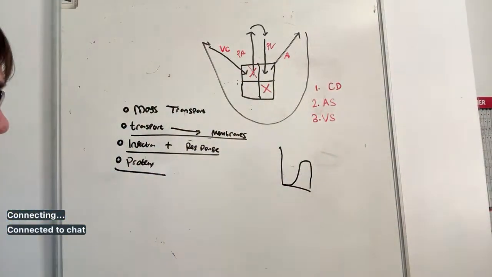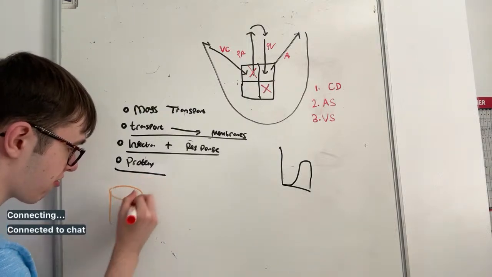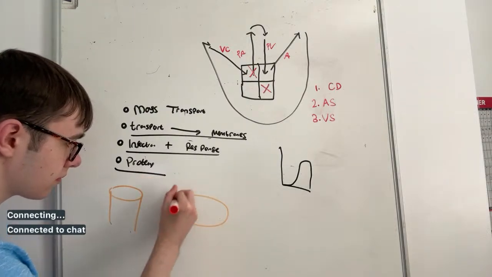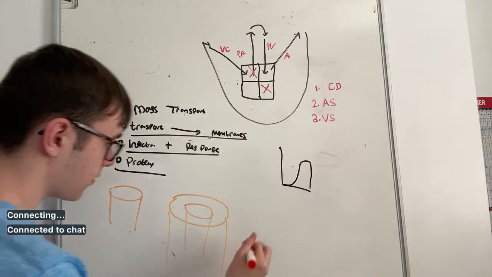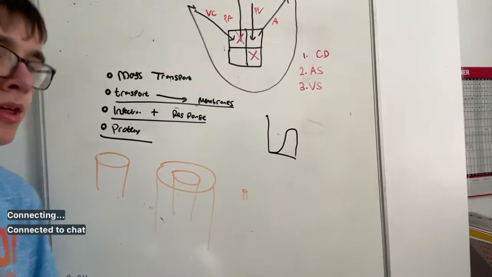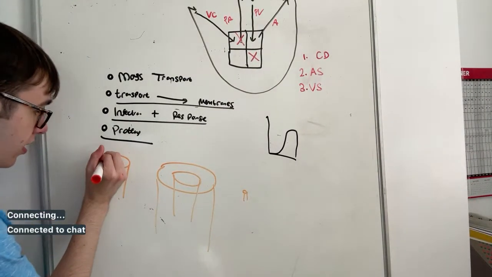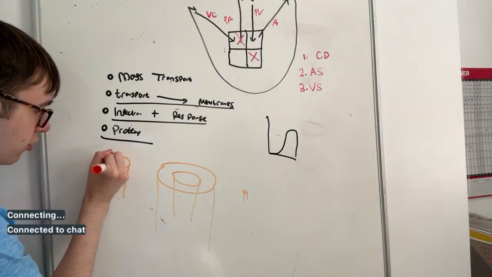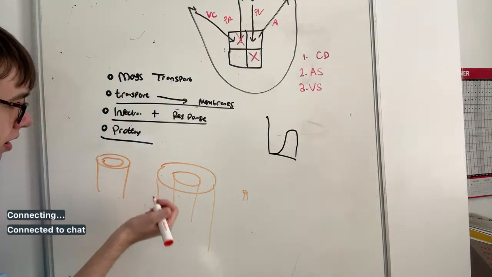Quick overview of the structures. We've got the veins. These have, I believe, a wider lumen. They are thinner, with less muscle tissue.